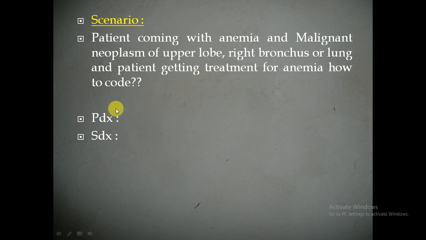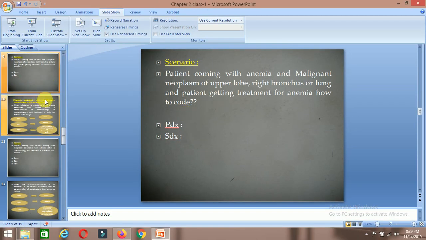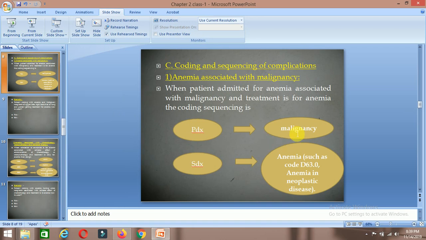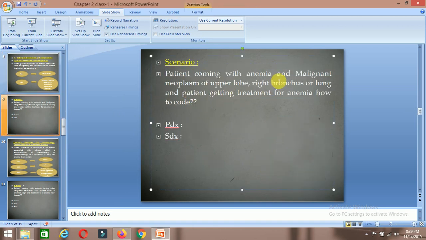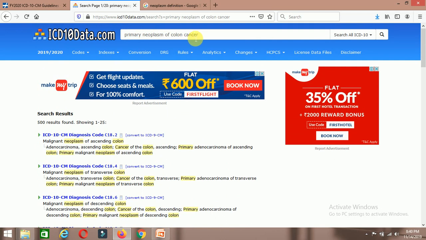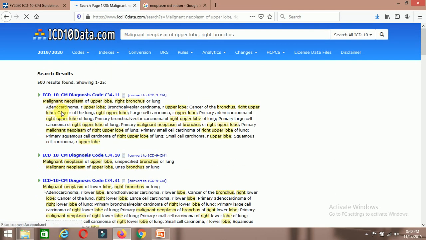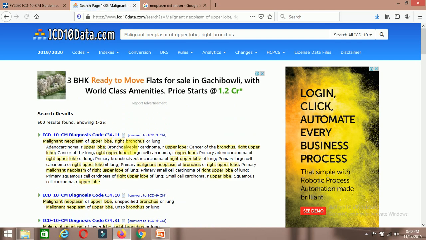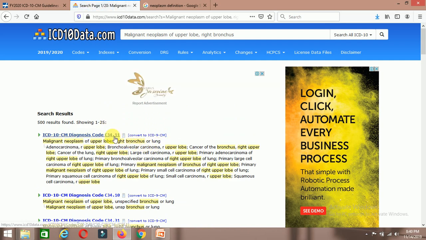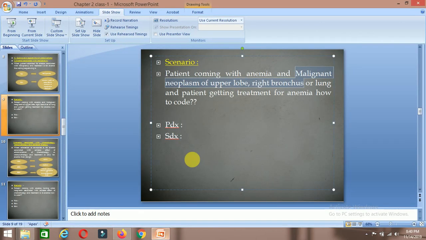So first we have to give the malignancy. Here we can see the malignancy site is the upper lobe of the lung. So we are going to the software and we will assign the ICD for this. This will be my principal diagnosis: malignant neoplasm of the upper lobe, right bronchus or lung, that is C34 dot level will be the ICD.